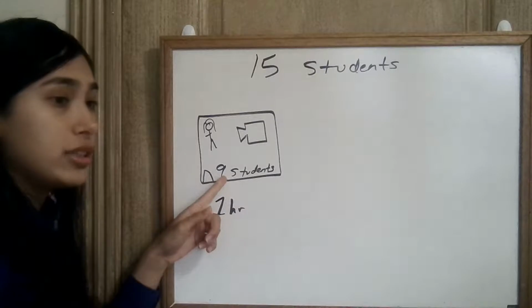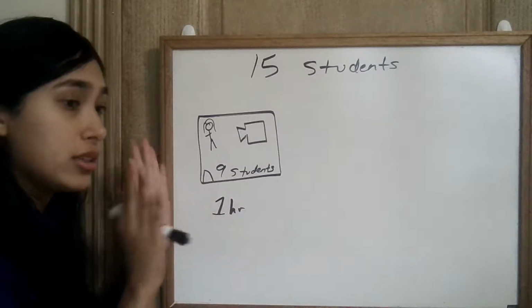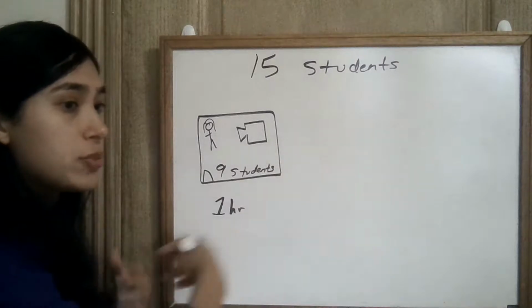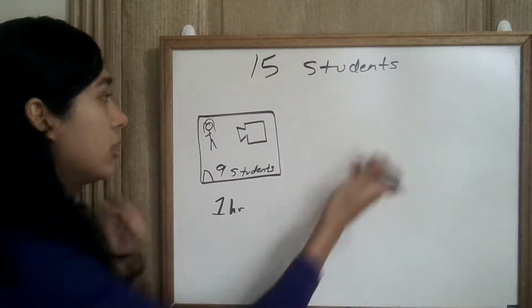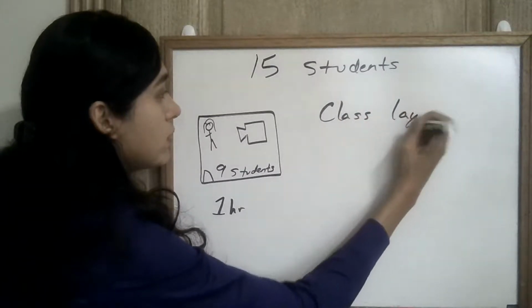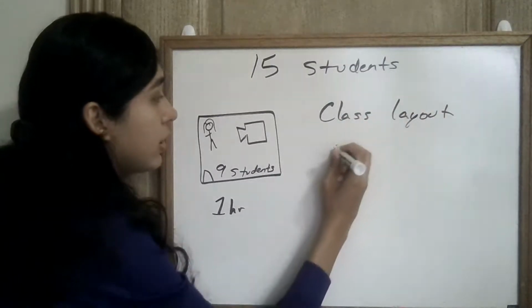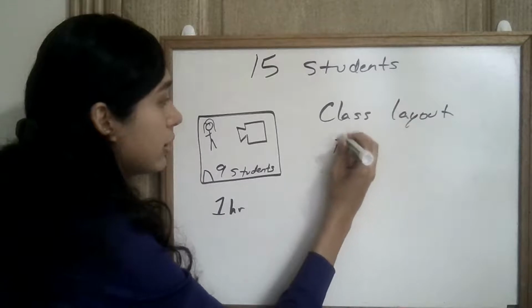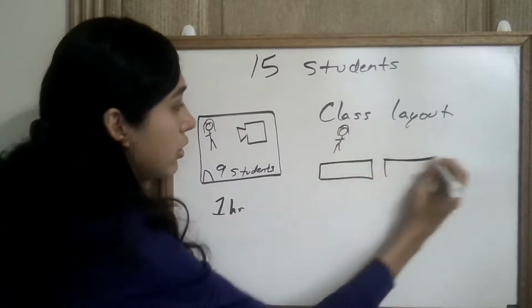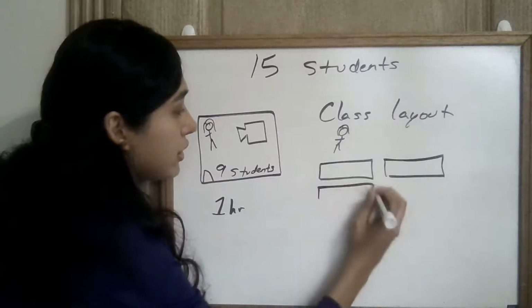Then 9 students plus 1 teacher would be 10 people. I wouldn't have to be filming or anything. We'd just be all together in the same class, and if this was a class layout, I'm up here where the board is, talking, and let's say that these are the different tables where you can sit.